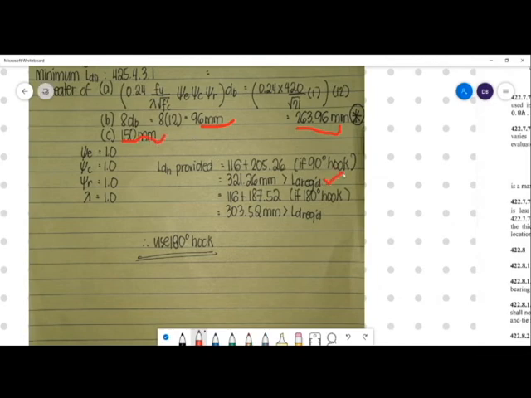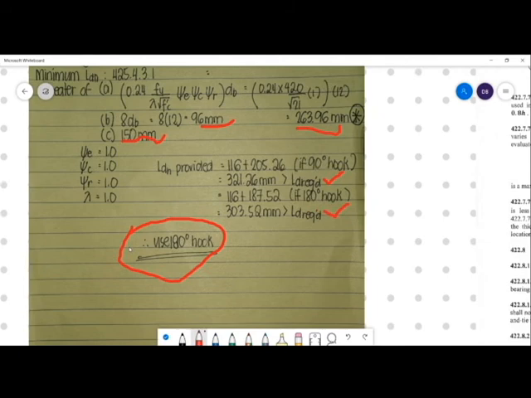So we check our computed development length against the required development length. But what should we use? Of course, we use the more economical of the two. The 180-degree hook is shorter, so we use the 180-degree hook.